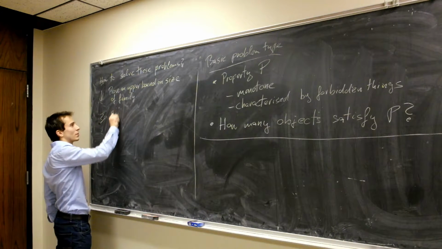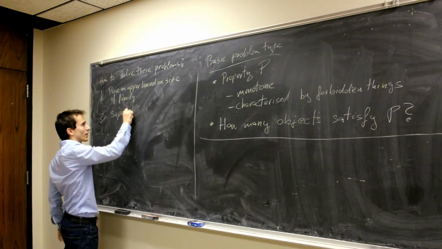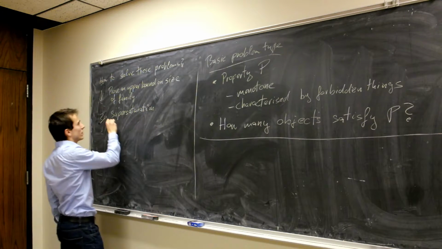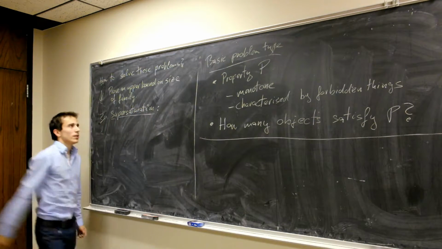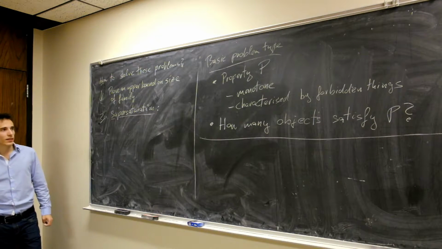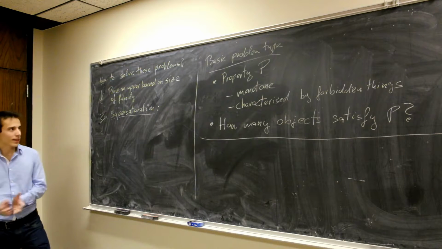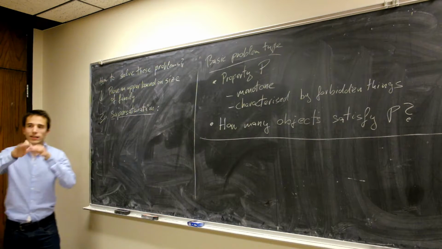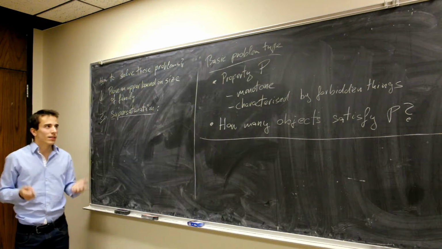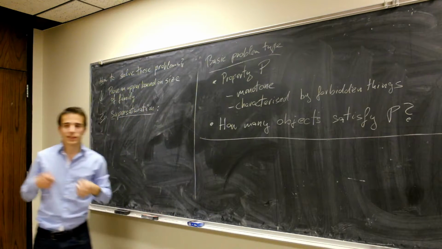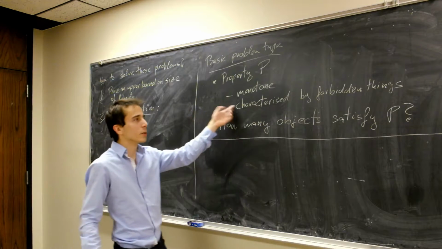It's this step called supersaturation that you might have heard of. So you need to prove that if you take a family that's slightly too large to have this property P, then it will contain many, many of your forbidden objects.